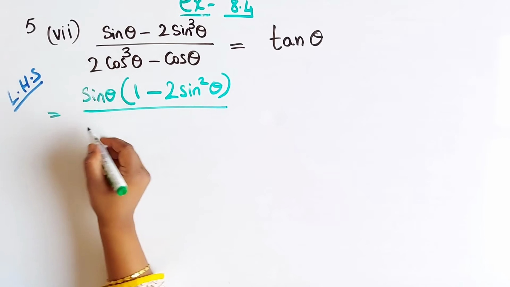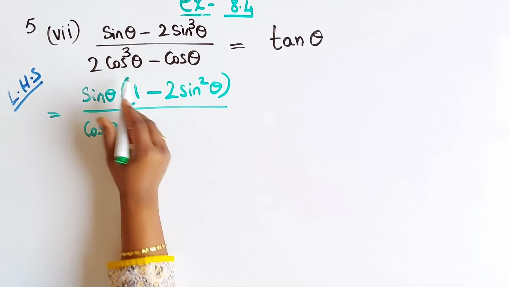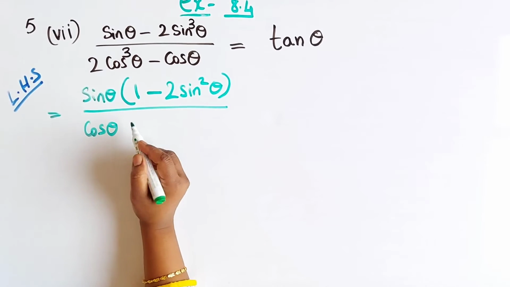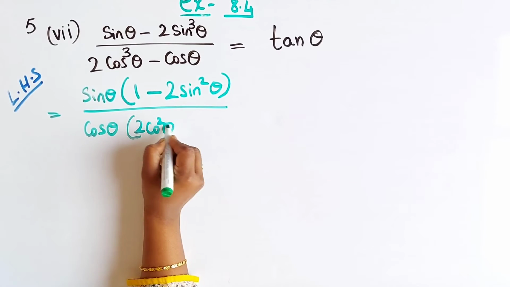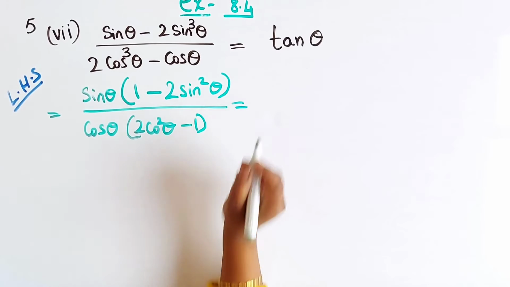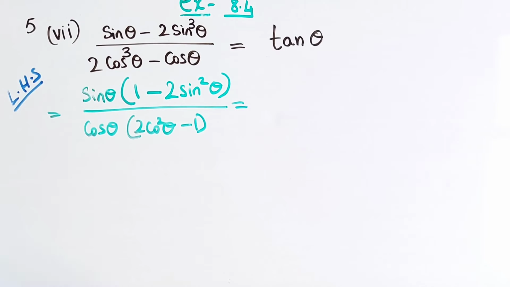Divided by, here take cos theta common. In both the terms we have cos theta, right? So that's why I am taking cos theta common. So it will be 2 cos square theta minus 1. Correct, children? Now see here.